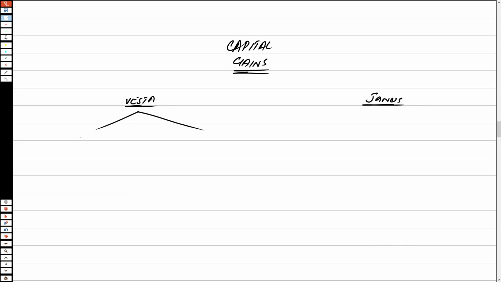If this asset is transferred in lifetime or not transferred in lifetime, what will happen if Vesta has not transferred the asset in life, then for sure this asset will be added to the estate.